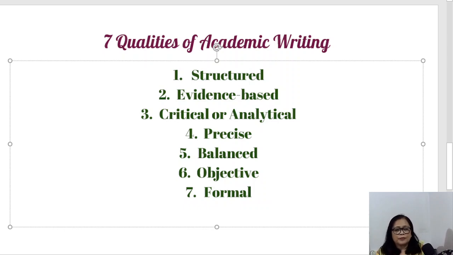So try to experiment, and normally you can express your arguments better if you use more complex sentence structure. When you use more complex sentence structure, we will discuss this in a separate video. What are the complex structures?